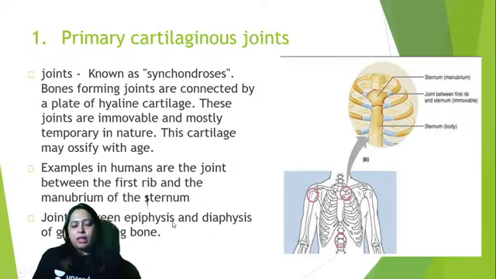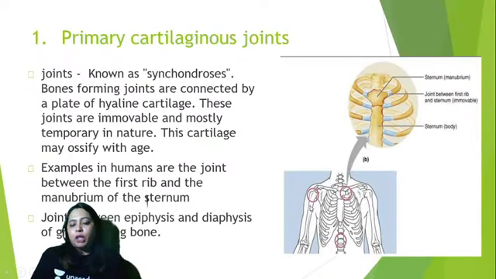And you can also see the joint between the epiphysis and diaphysis of a growing long bone. Now you know that any growing long bone will have an end that is called the epiphysis, and then there is a shaft that is called the diaphysis. And there will be a small cartilaginous plate separating the epiphysis from the diaphysis during the growing years. Later on, that disappears, and it allows the epiphysis to join the diaphysis.